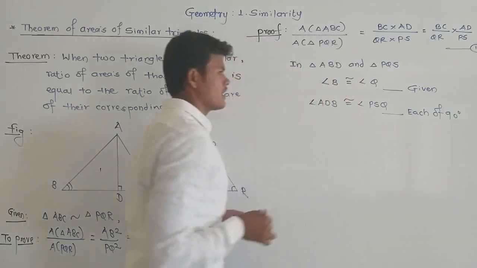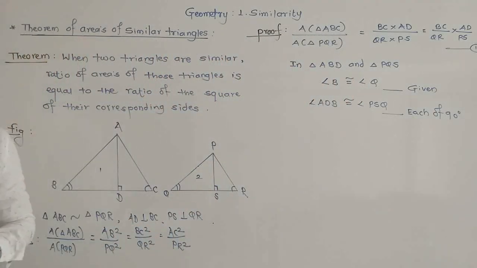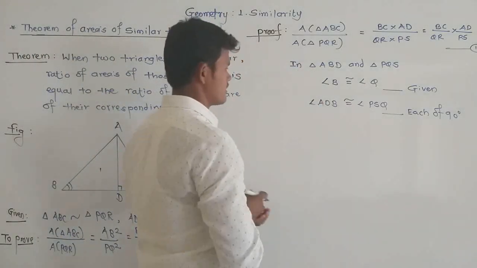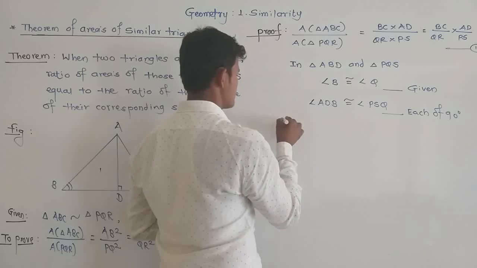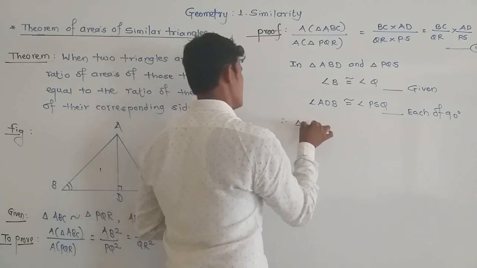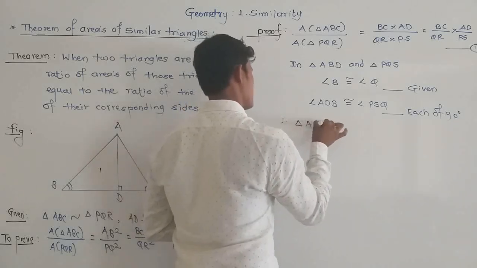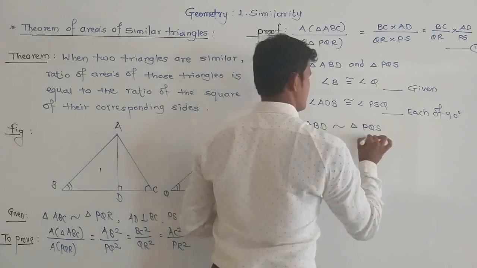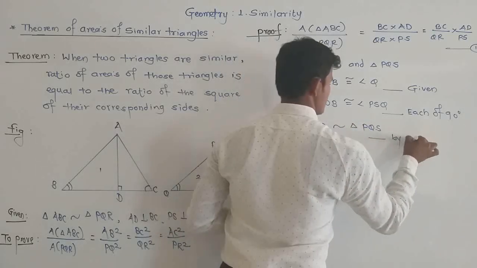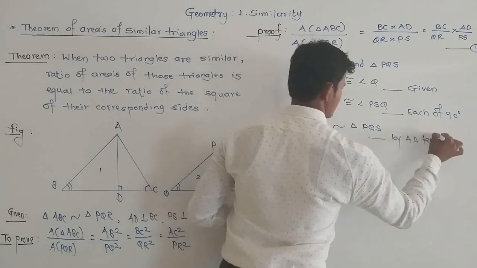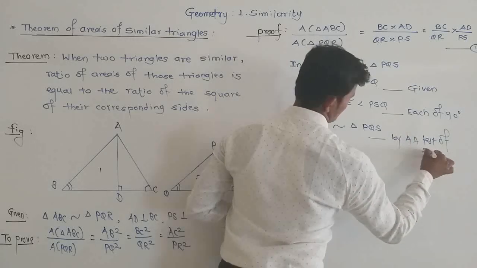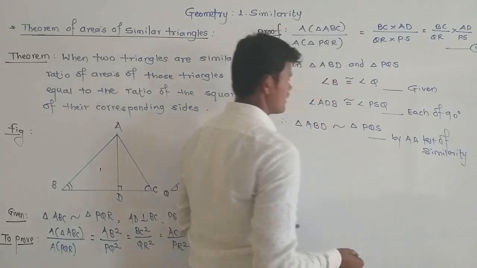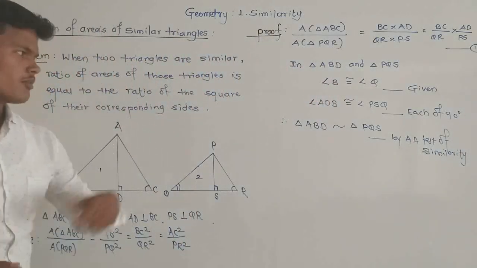To prove two triangles are similar, a minimum of two angle conditions is sufficient. So here two conditions of angles are there. So both the triangles are similar by the angle-angle test of similarity. If two triangles are similar, then their corresponding sides are in the same proportion.